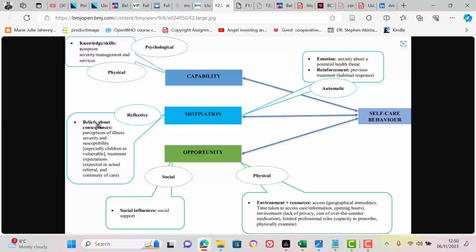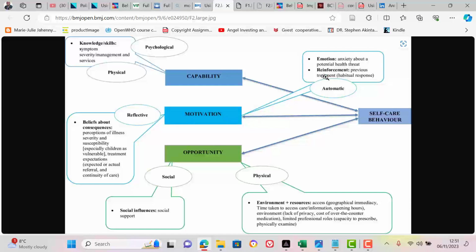So you have beliefs about consequences of an activity, for example, how the person perceives an illness, or severity, or susceptibility. So beliefs about consequences of an action or a behavior. That gives us an idea of what reflective motivation is.